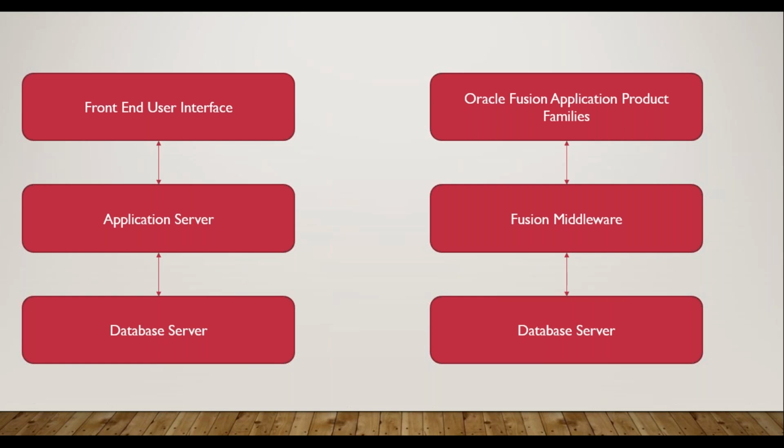So this is the Fusion architecture, and it has bundles of product families like financials, supply chain management, project management, HCM, human capital management, and benefits in the HRMS. We do have multiple product families in Fusion.